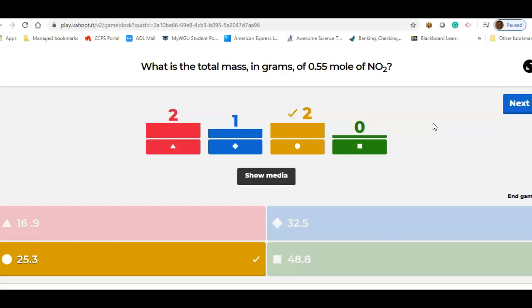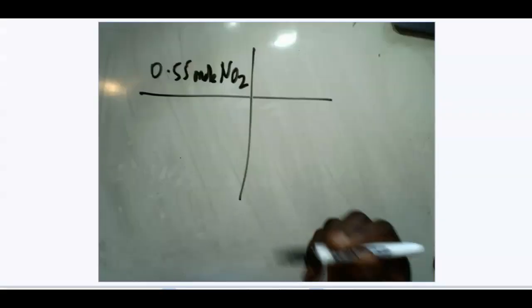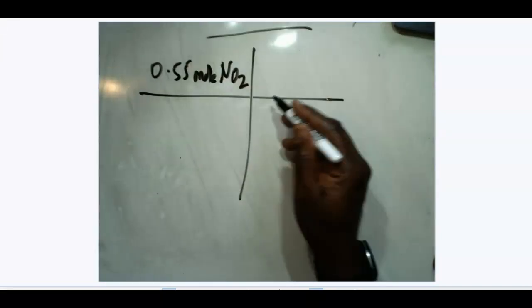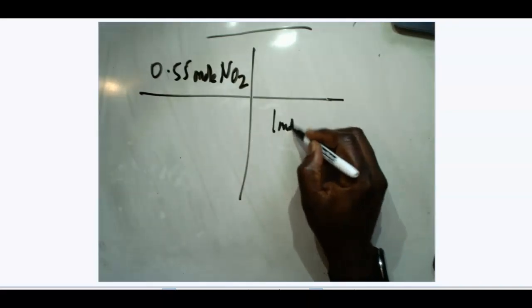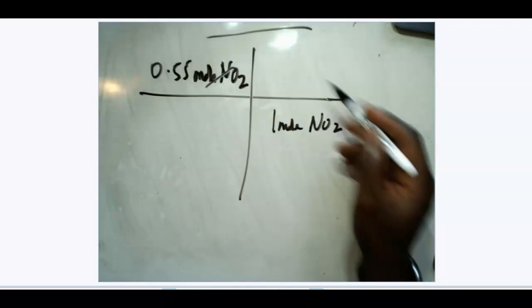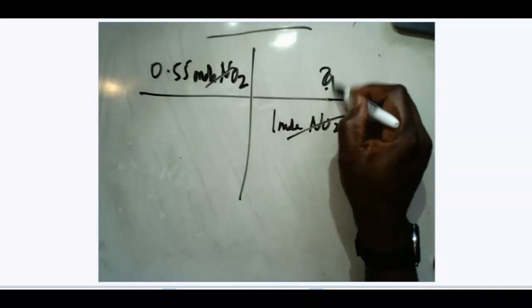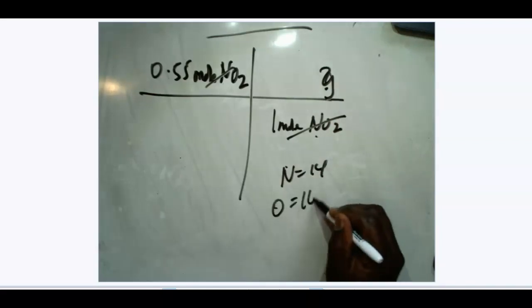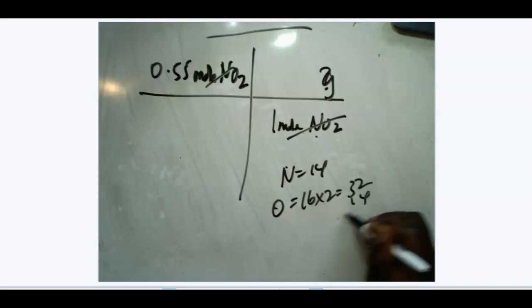Okay. 0.55 moles of NO2. What is the total mass? Straightforward. 0.55 moles of NO2, we're looking for mass. No equation, so no mole ratio. So 1 mole of NO2 will be at the bottom, and here will be your grams of NO2. Nitrogen is 14. Oxygen is 16 times 2, which is 32. 32 plus 14 is 46.